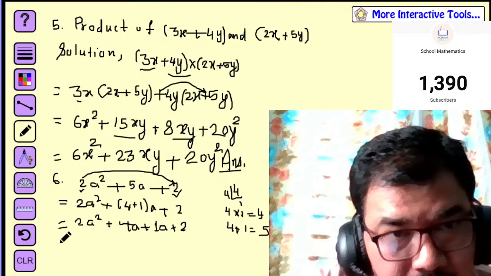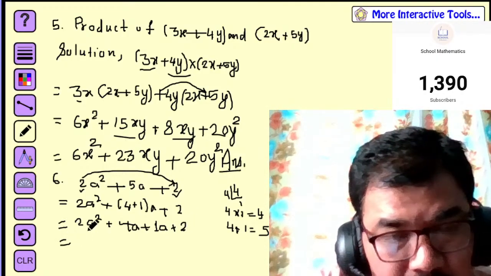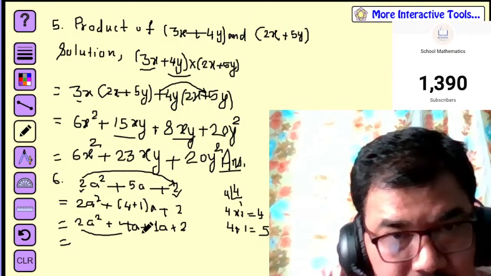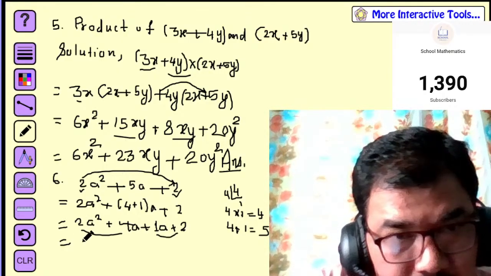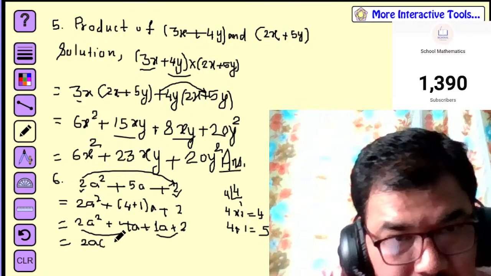Then we have to take the common factor from these two terms. 2a is common, then what is remaining here? a plus 2 remains.